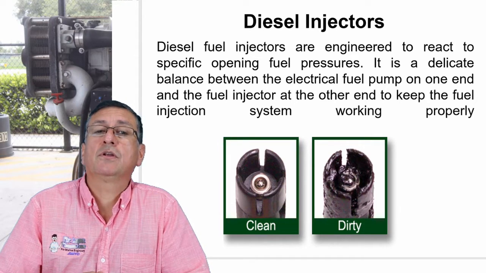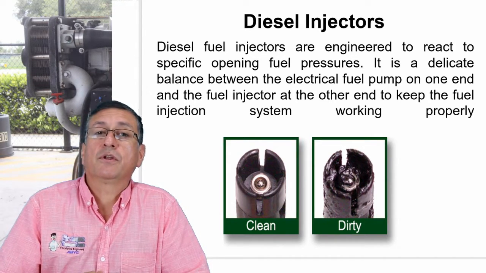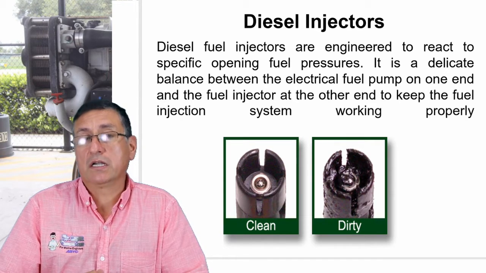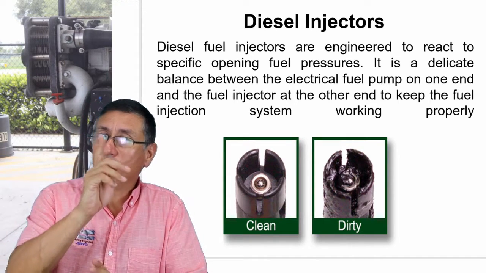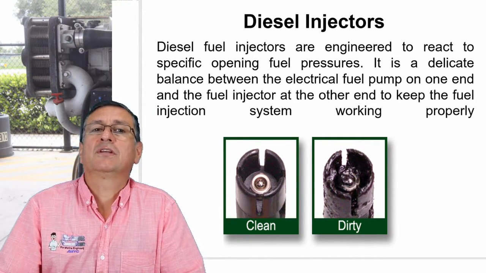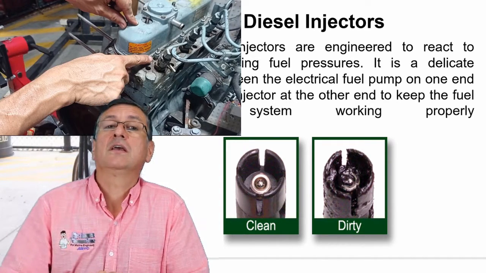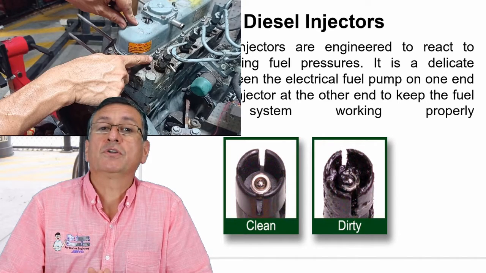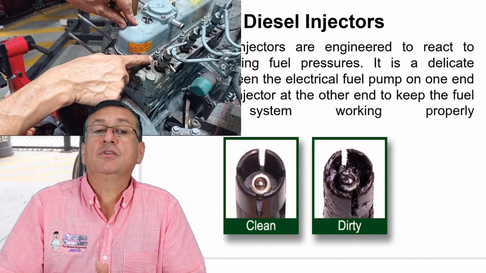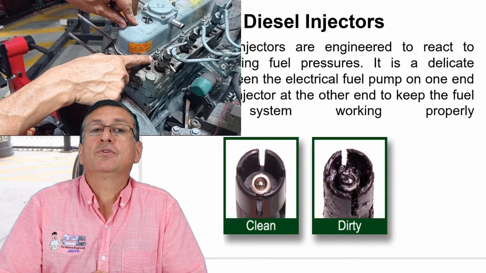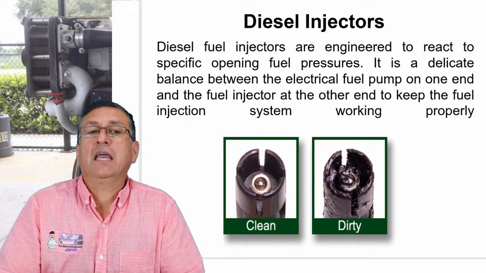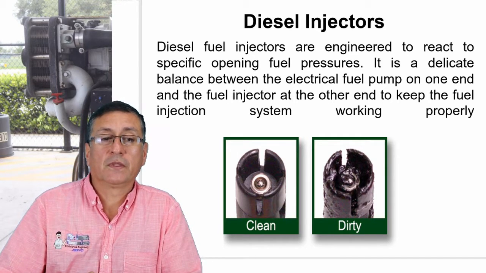When you check the compression, you introduce the compression tester in the hole where the injector is located. Or you can also introduce the compression tester in the hole where the glow plug is inserted if the engine has a pre-combustion chamber. Remember, the engines with pre-combustion chambers use pintle nozzles, and the engines with direct fuel injection use hole nozzles.